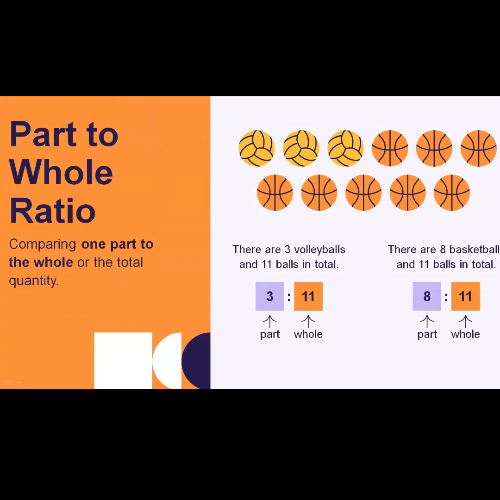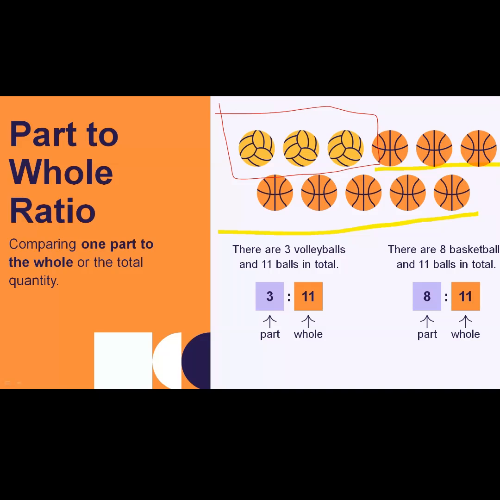Next one is part to whole ratio. In that one, you have to compare one part to the whole or the total quantity. So here we have three volleyballs, another part is 8 basketballs. There are 3 volleyballs and the total balls are 1, 2, 3, 4, 5, 6, 7, 8, 9, 10, 11. So there are 11 in total.